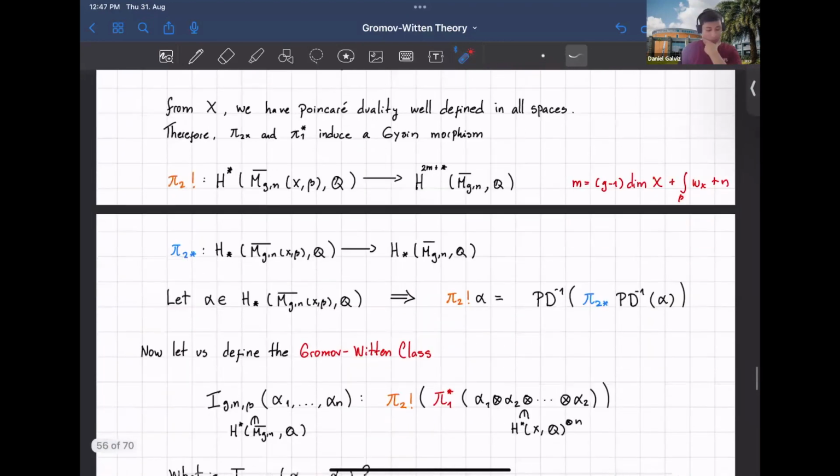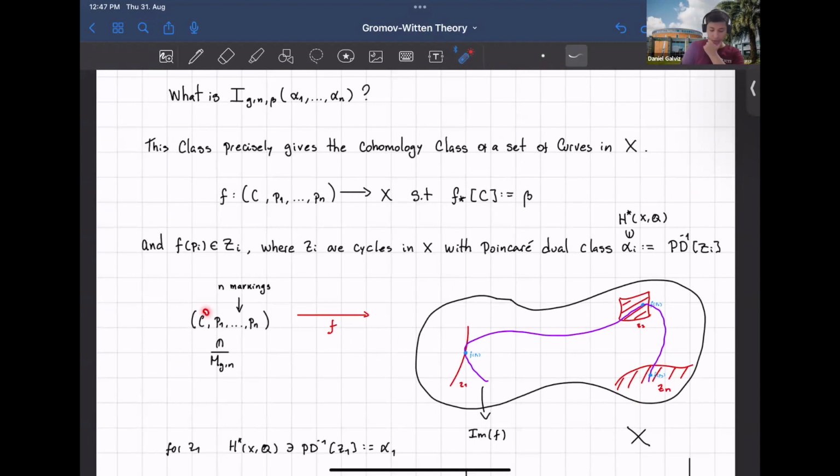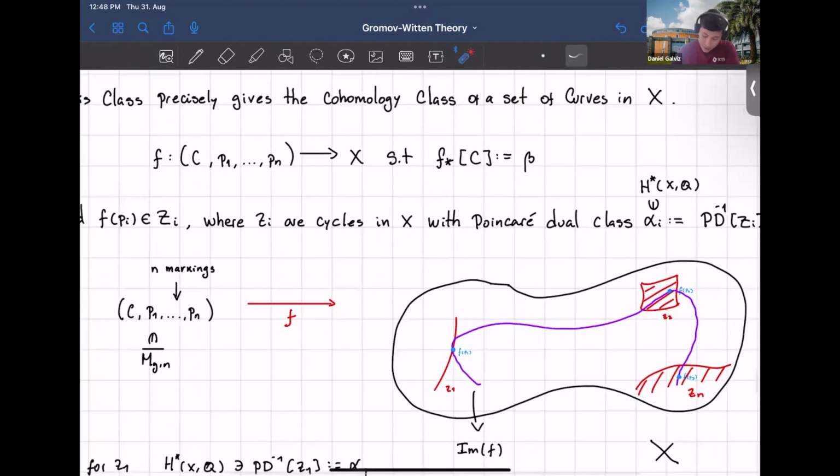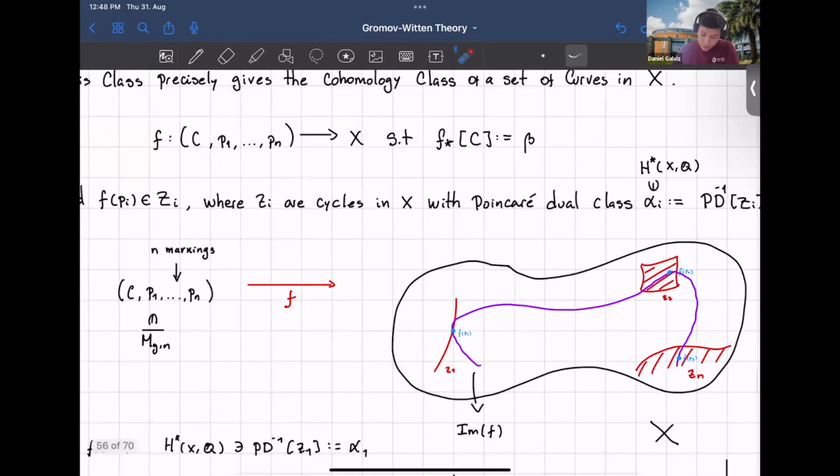So, let's suppose we start with a curve C with n marked points. Remember, we take it to live in the moduli space of stable curves. Then this map will embed it in X, where we will have cycles. The cycles here are the things that we want to count. The image of F will be this purple curve.